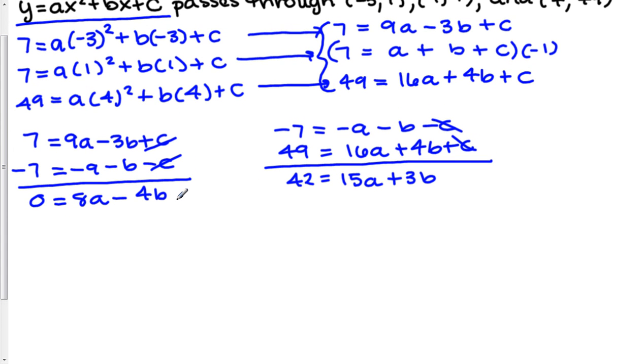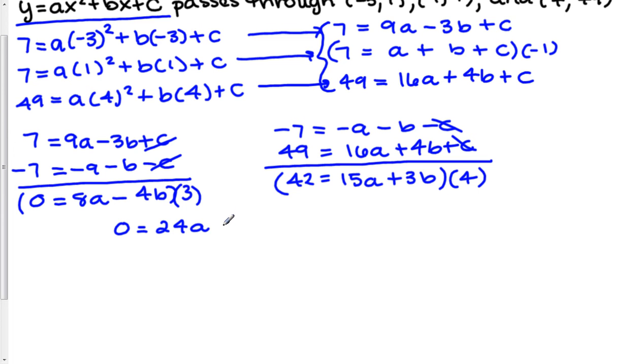the common factor between b for these two would be 12. So here I'm going to multiply by 3. Here I'm going to multiply by 4, and then I'm going to combine. 3 times 0 is 0. 8 times 3 is 24.